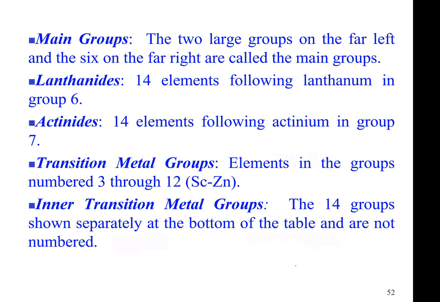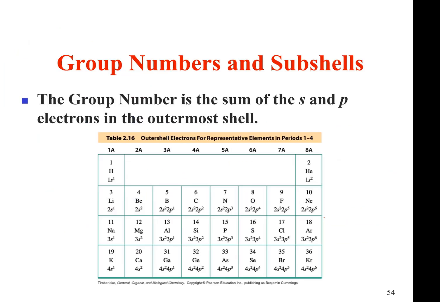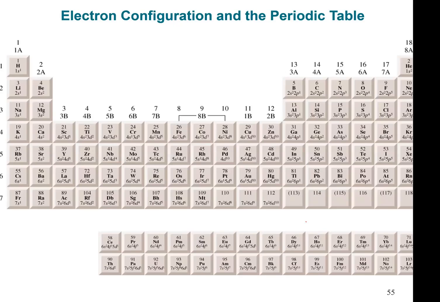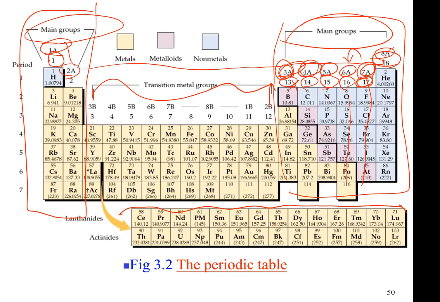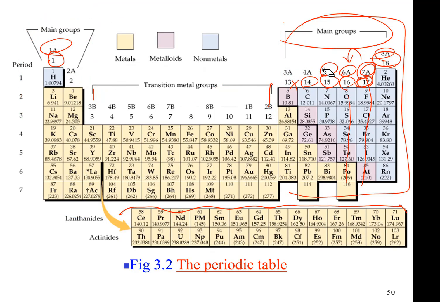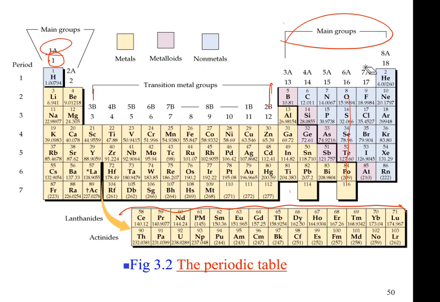Okay, if I go to the next slide, again, I want to show different parts of the table. Let me go back to the table. I want to show what the different parts of the table are.